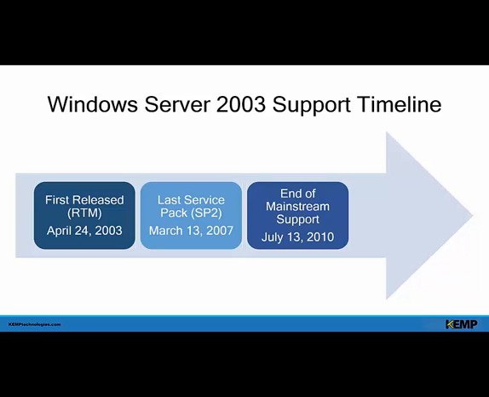Microsoft produces security updates, they release hot fixes, you can call support and get things fixed. You can even put in what's known as a DCR, a design change request. In other words, Microsoft in mainstream support may also implement new features and functionality as part of their normal support process.